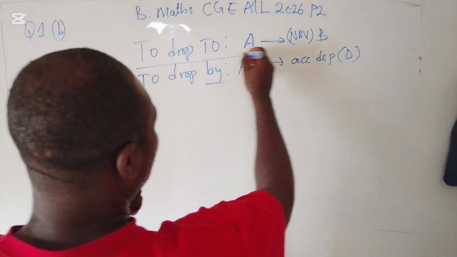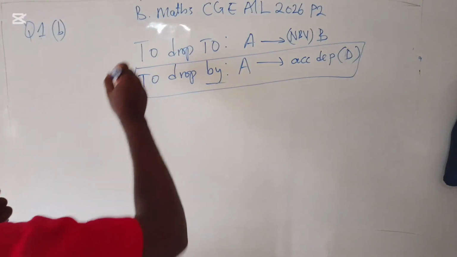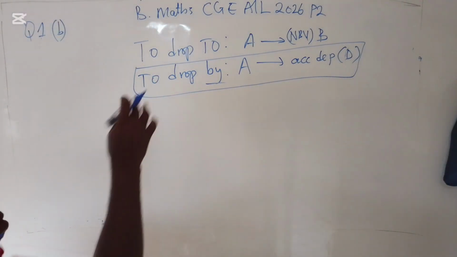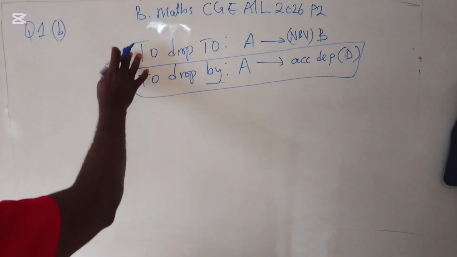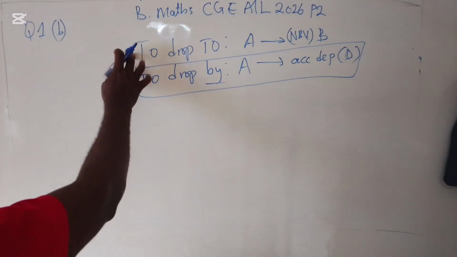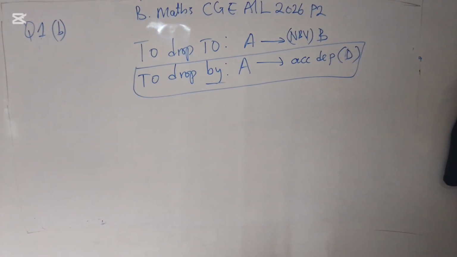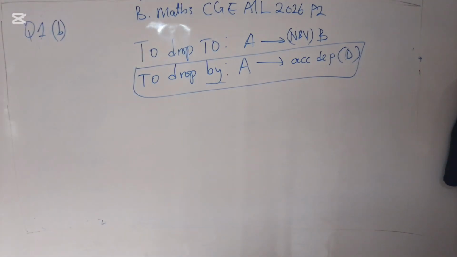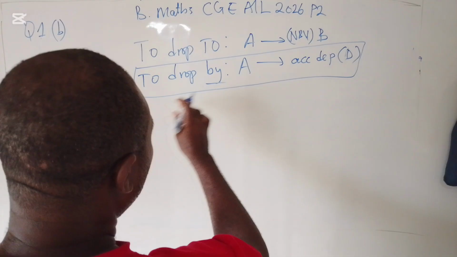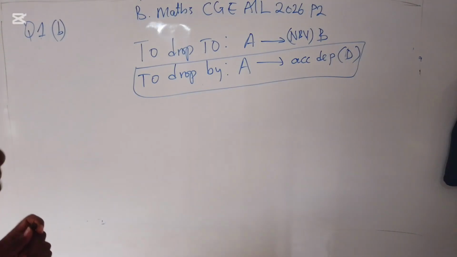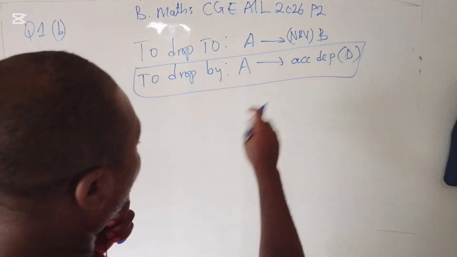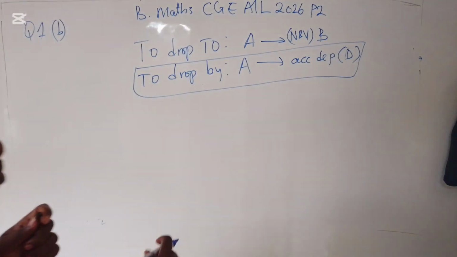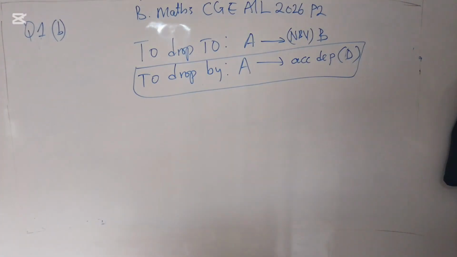So this is the information that we are going to use. I believe that so many students will jump to the other one without thinking. To drop by three quarters of the original value means three quarters of the original value is the accumulated depreciation.